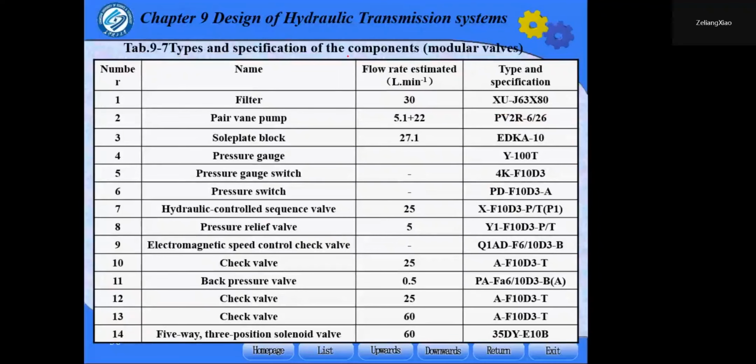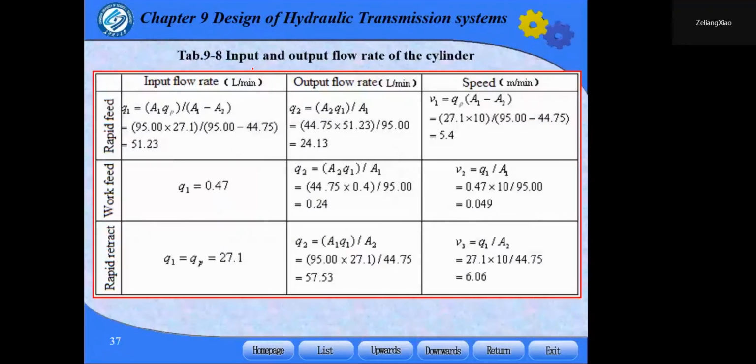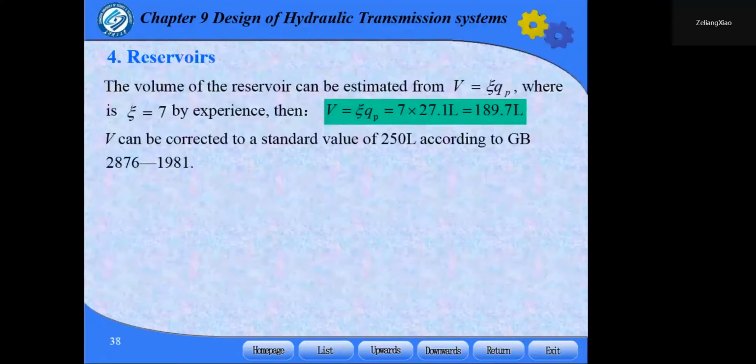This is the type inspection of the component for the module valves. The output flow rate percentage. For the reservoirs, the volume of the reservoir can be estimated from this equation.